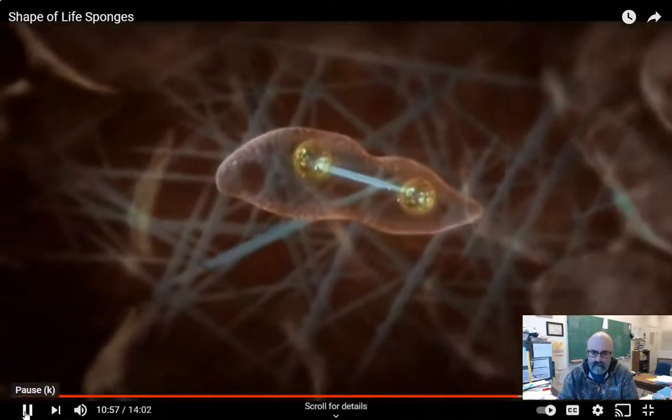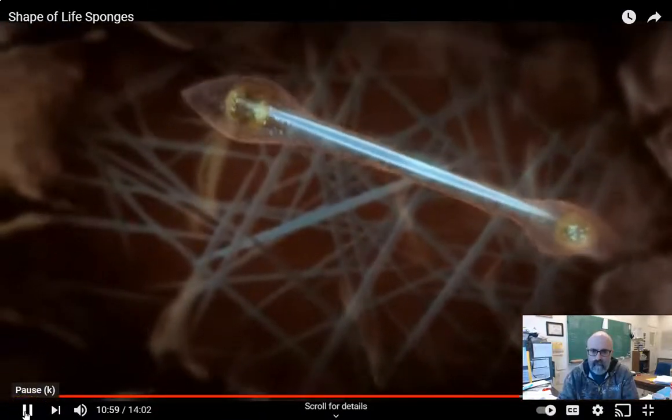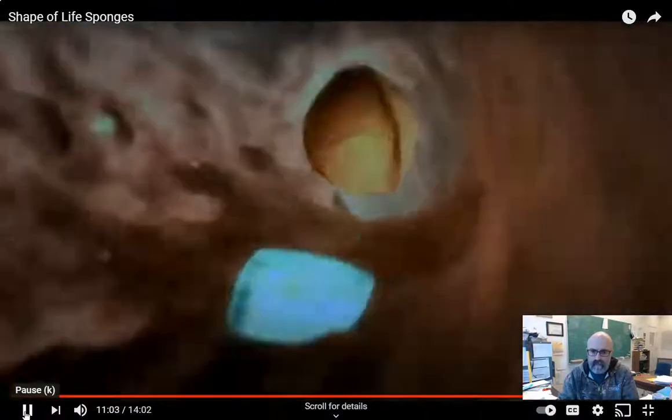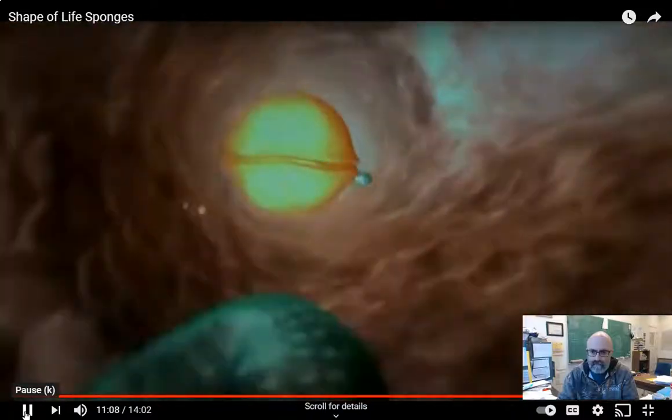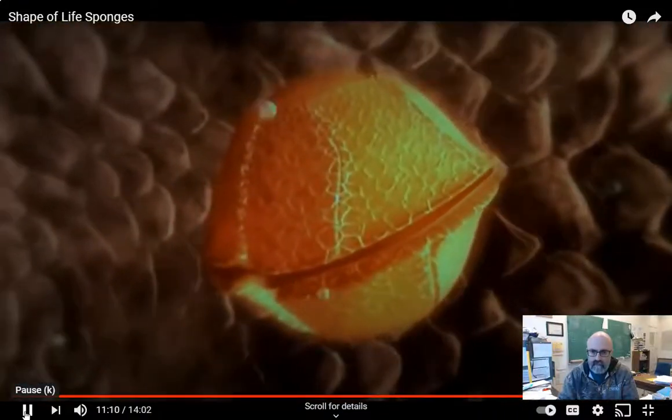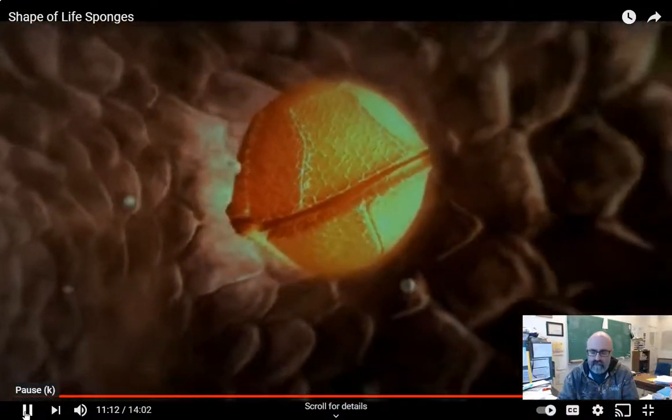Pump through. As the current draws us on, we pass sponge cells that are making new spicules. The walls themselves are treacherous. They can simply engulf their unfortunate prey.